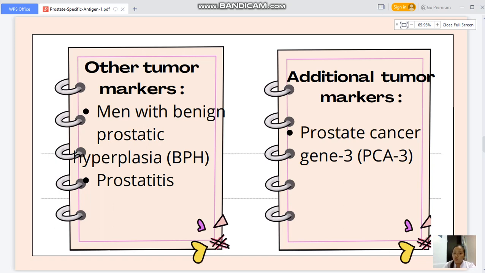As with other tumor markers mentioned earlier, the prostate-specific antigen is not entirely specific. That's why additional tumor markers such as prostate cancer gene 3 or PCA3 are starting to be used to address the lack of specificity.